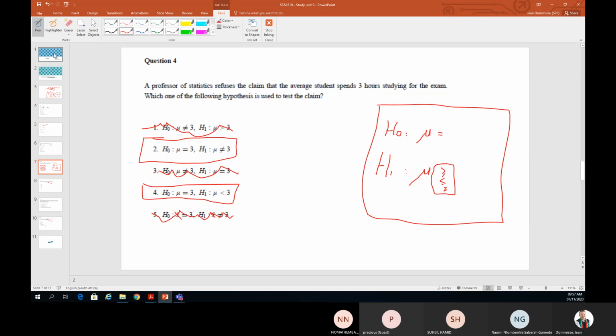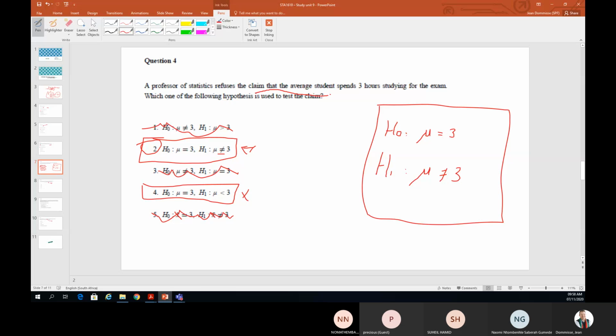So he basically says that he doesn't believe a student spends that amount. So he doesn't say more than or less. He just says it is not equal to 3. Not equal to 3, and there we have the right one. So that will also be wrong, and 2 would have been the right one.